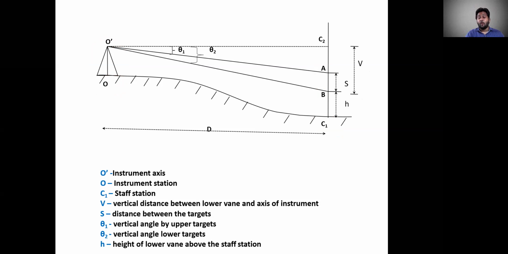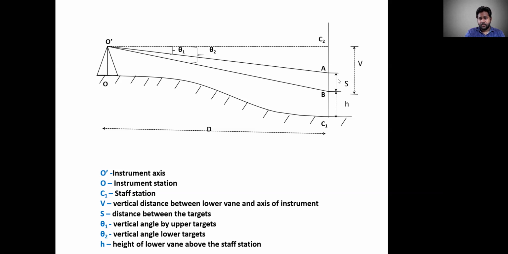Now your point is below the instrumental axis. That is the main thing. Then your H, S and V will change. We need to observe the readings where we are shifting.